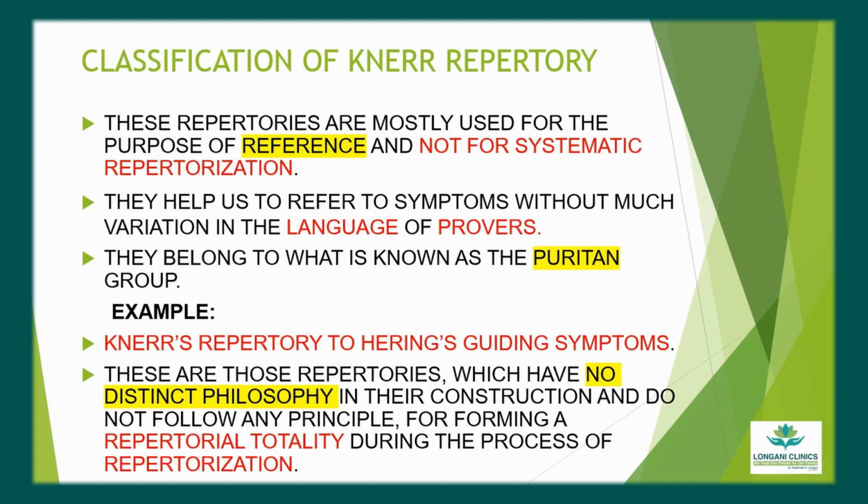For example, Nair's repertory to Hering's guiding symptom. These are those repertories which have no distinct philosophy in their construction and do not follow any principle for forming a repertorial totality during the process of repertorization.